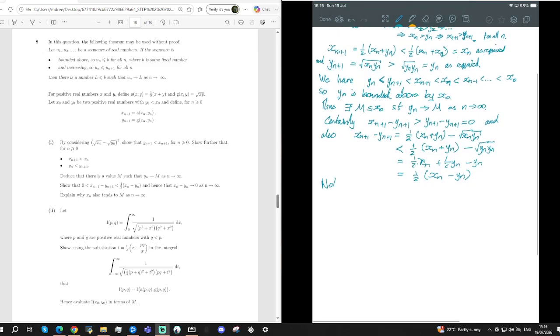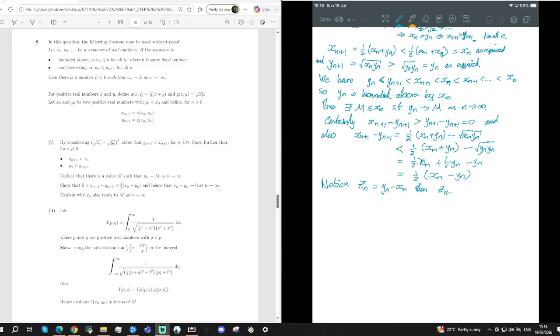So first notice, and let's just check it hasn't been used later in the question. Nope, let's say Zn. Let's call this the difference between them. Then Zn plus 1 is less than, actually, I want to be able to use the theorem exactly. And the theorem's been quoted for increasing, so I really want this to be a decreasing sequence. So I'm going to call it yn minus xn.